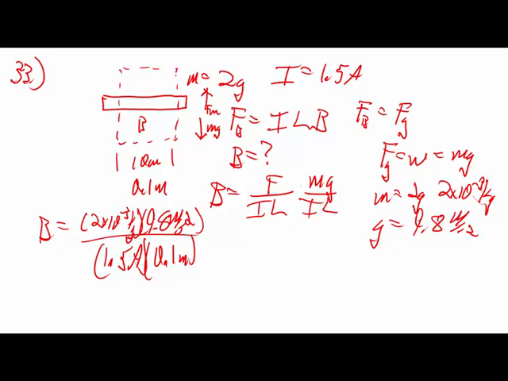Okay, and so we get 0.13 Tesla. Everything cancels out. Kilogram meter per second squared over amp meter gives a Tesla. So there's your answer: 0.13 Tesla is the strength of the magnetic field needed to make that wire levitate in the gravitational field.